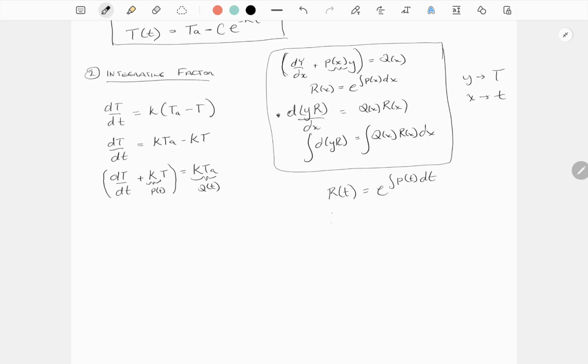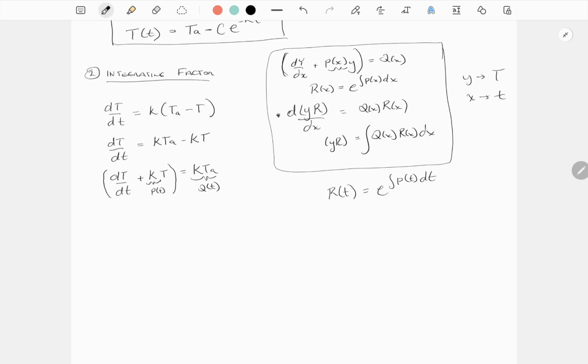We can write it this way if you like. What's the integral of d(y r)? It's just y r, so I don't have to do that on that side. So let's go back here.